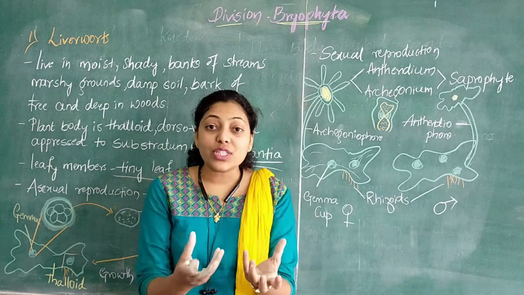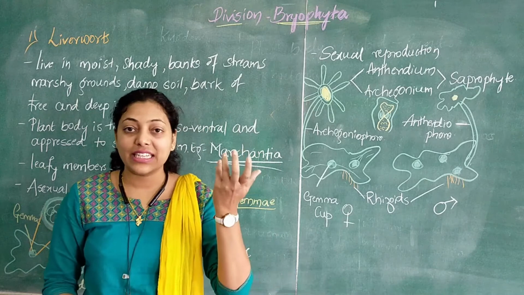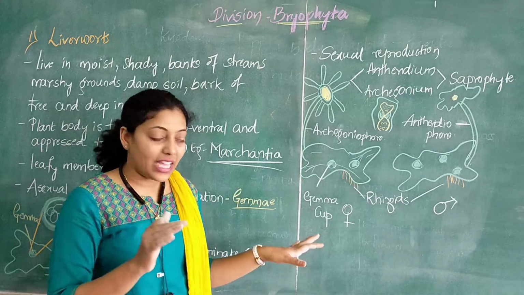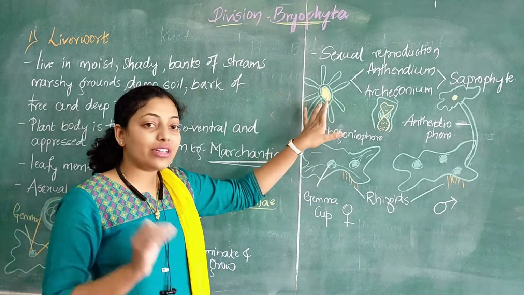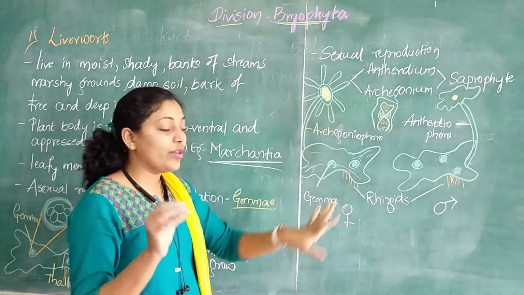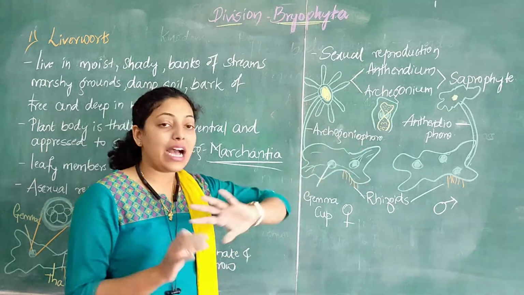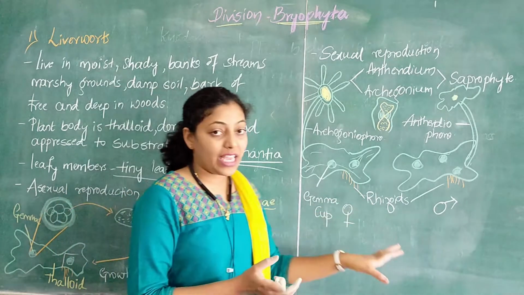So the spores which are produced by the archegonia or the antheridia, you can call them spores. In the same way, the female plant having the sex organ archegonia consists of the archegoniophore.